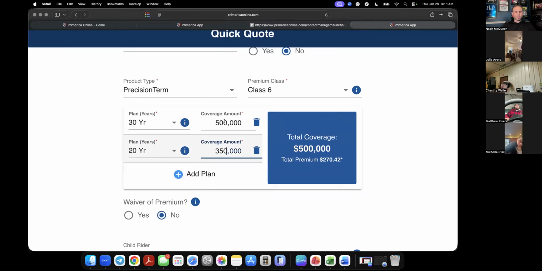Well, if I was able to build you something that sort of followed that decreasing responsibility rule that we talked about, well, I can give you the level term coverage, right? And you've still got 500,000 for the next 20 years. And in 20 years, 350 will fall off, and then you've still got 150,000 for the next 10, and the price never changes, and you don't have to worry about it. Is that something that makes sense to you? Oh, by the way, I can save you $80 a month. Is that okay?